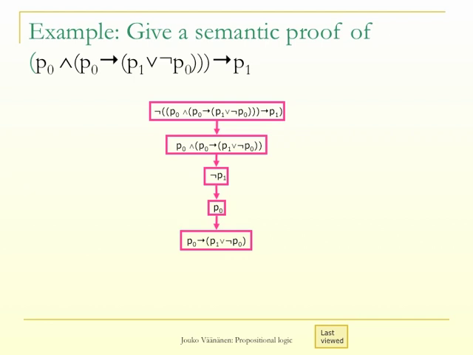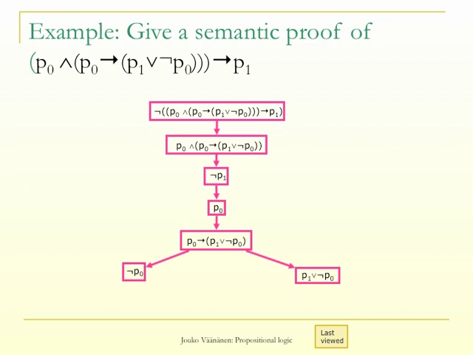So looking at the rules of semantic trees, if we apply the implication rule, the tree splits here into not P0, the negation of the hypothesis, and the conclusion P1 or not P0. This is because the truth of implication means that either the hypothesis is false or the conclusion is true. This is why the tree splits here.